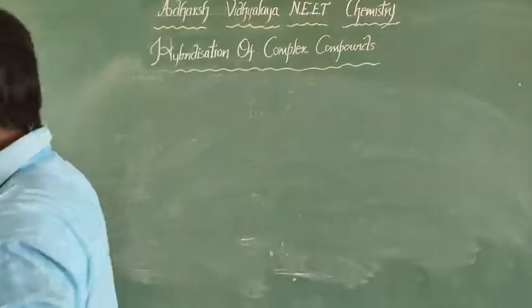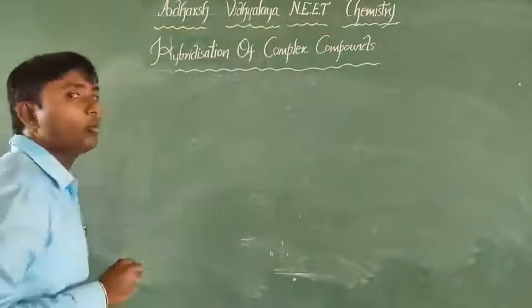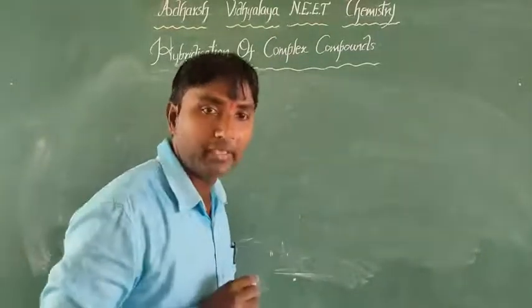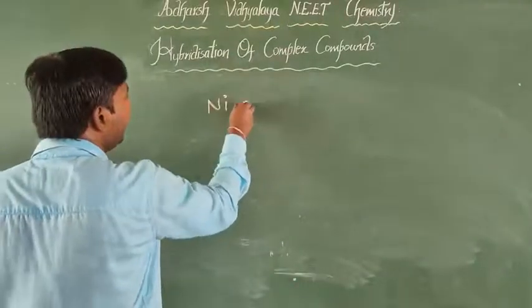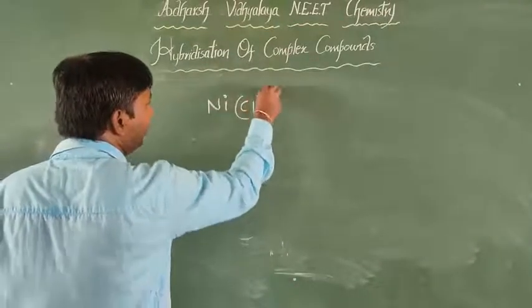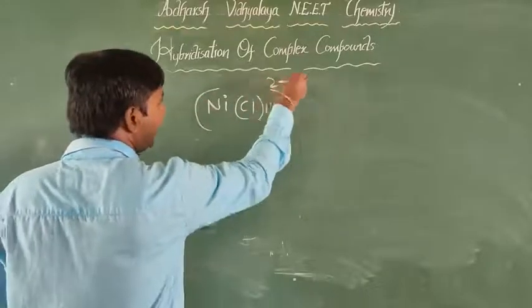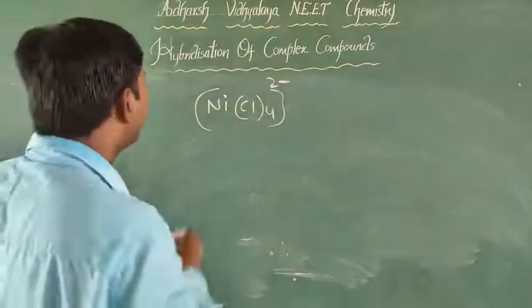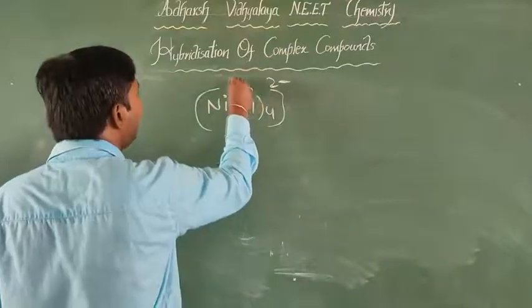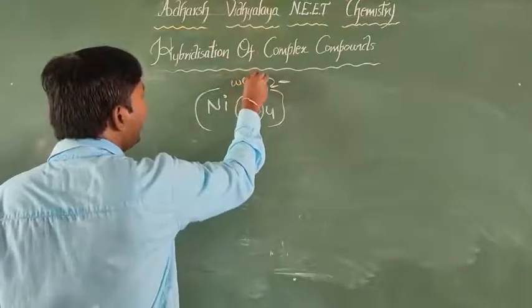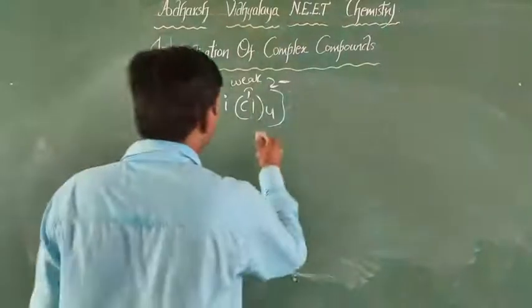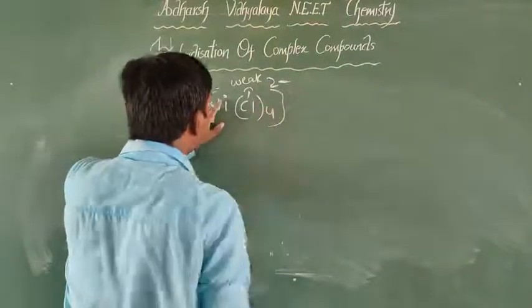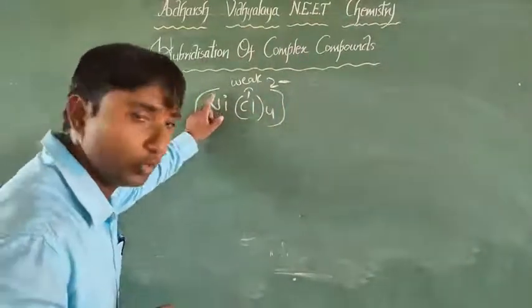Next, we have to take coordination number 4, some examples. Nickel, NiCl4 2 minus. Okay, chlorine is a weak field ligand. That's why the electrons follow Hund's rule.